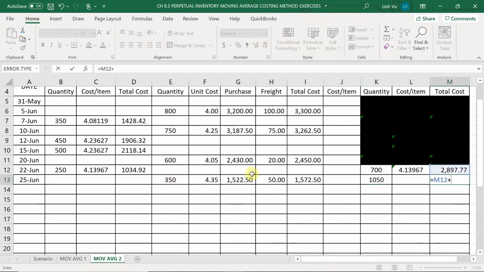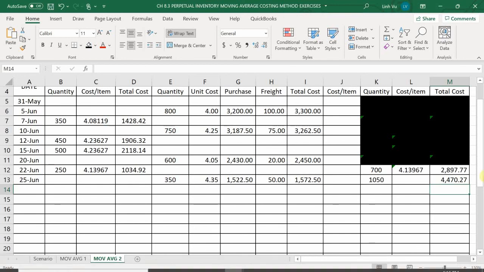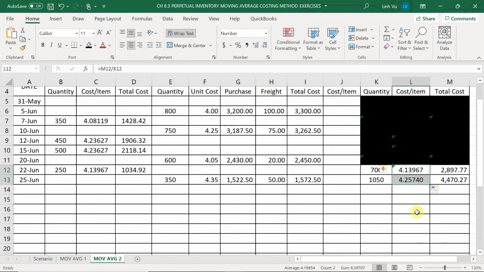I'm gonna add my total costs here of my 2,897.77 plus my $1,572.50 to give me a grand total of $4,470.27. So therefore, what is my new average cost per item? 4.25740. Good, excellent.